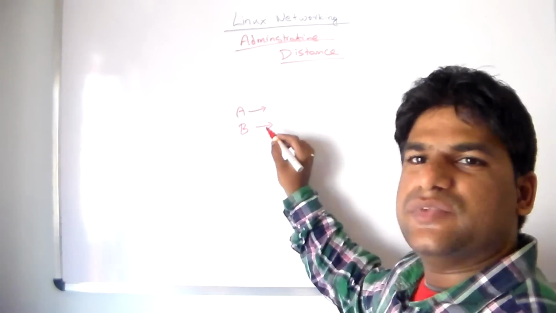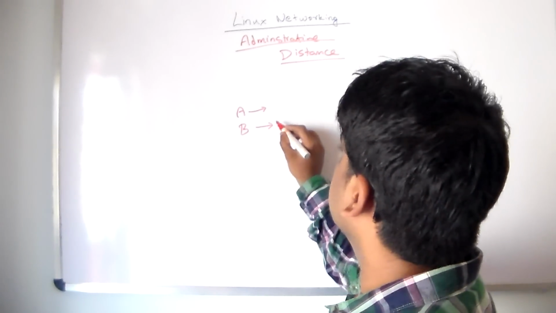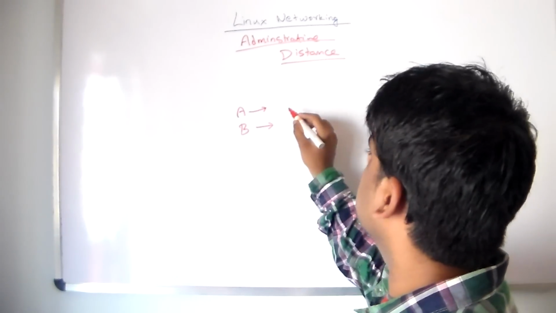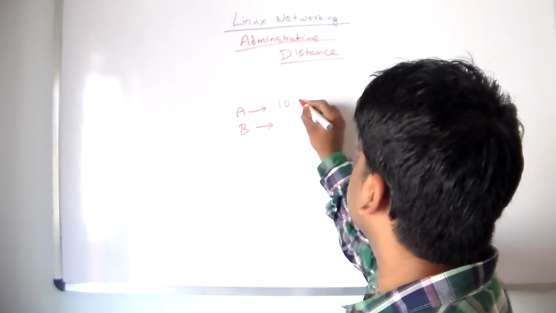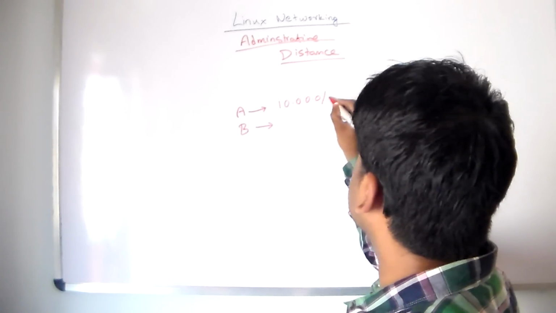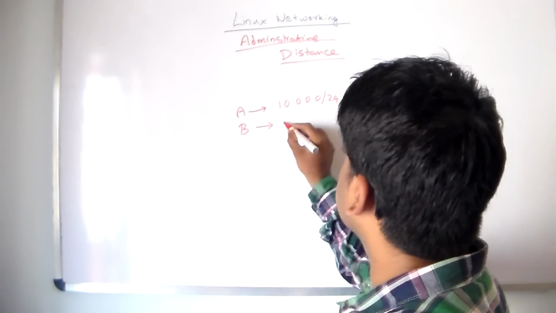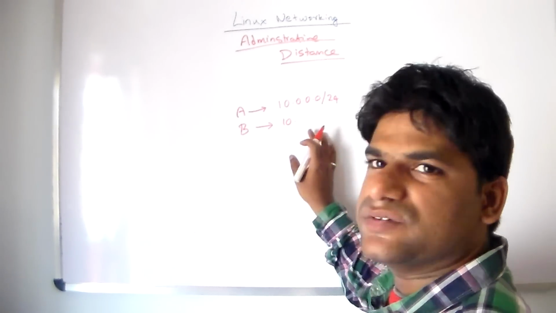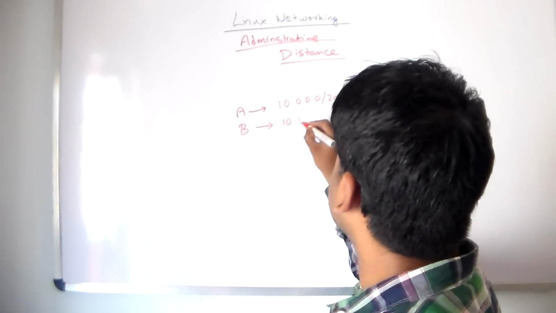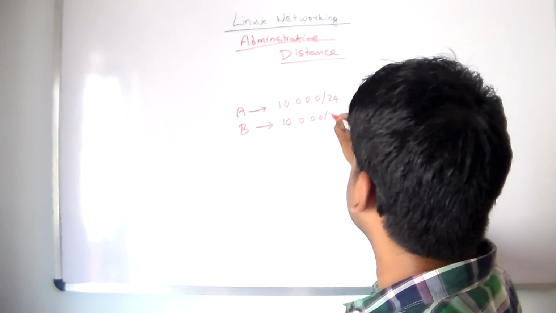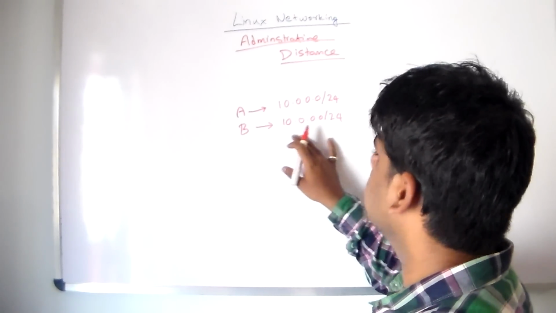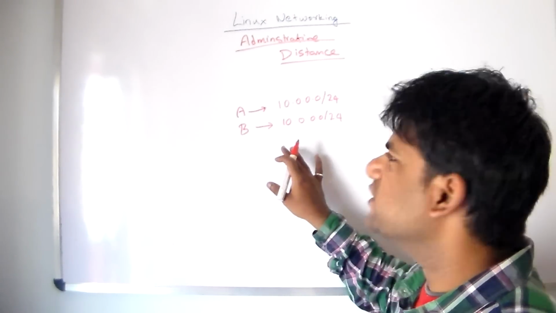In this case you have a specific destination network address, say 10.0.0.0/24, and you have another routing table entry which is again pointing to the same destination address, 10.0.0.0/24. So you have two routing entries.